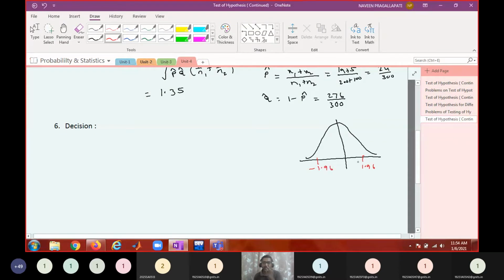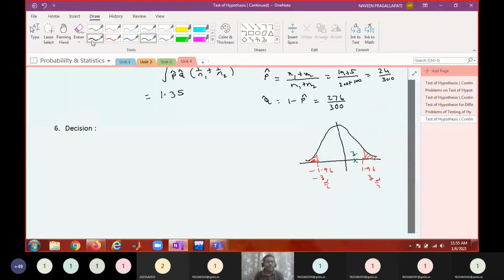So where is this 1.35? 1.35 is in the non-rejection region, right? Between minus Z alpha by 2 and Z alpha by 2. So this test statistic is falling somewhere here.